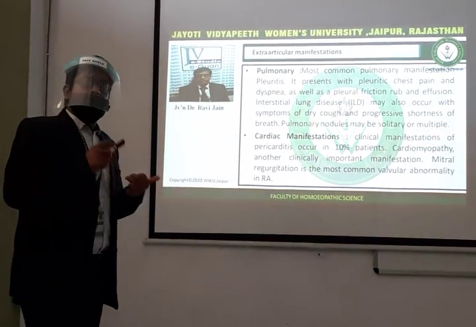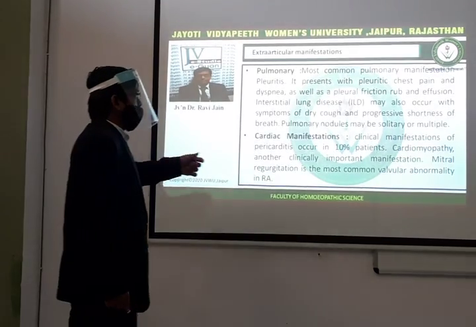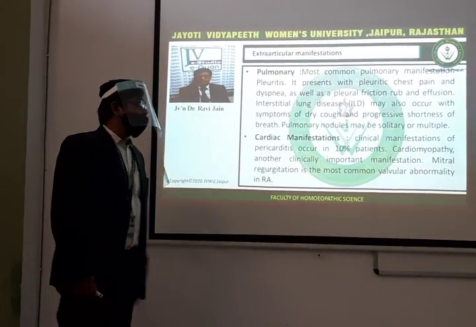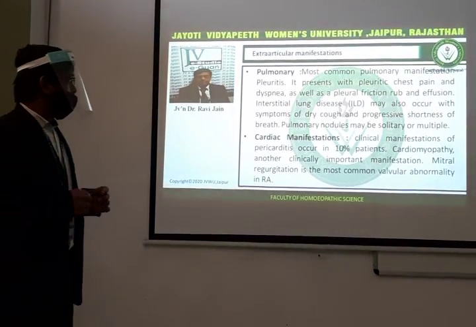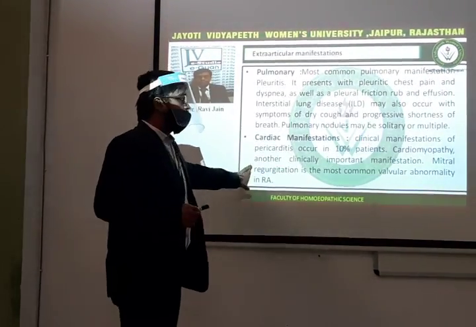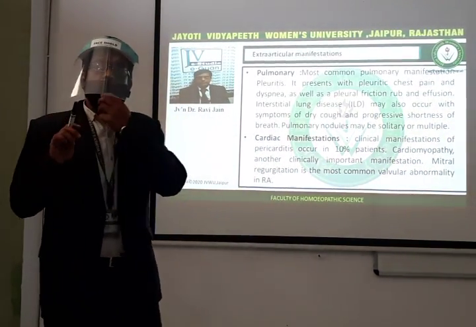We can also have cardiac manifestations of the heart, which include pericarditis that occurs in 10% of the patients, cardiomyopathy, and another clinically important manifestation. Mitral regurgitation is the most common valvular abnormality that occurs in RA. This is very important.